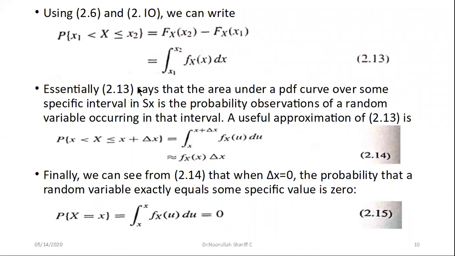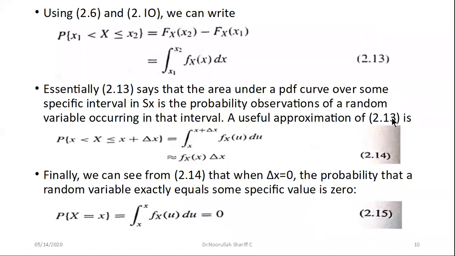So essentially 2.13 says that the area under the PDF curve over some specific interval in S_X is the probability of observations of a random variable occurring in that interval. If you want to find this probability, it just means the area under the curve from a specific point to a specific point, right?